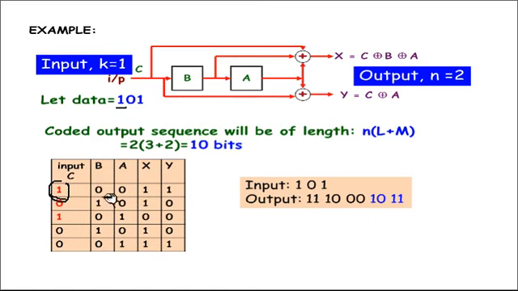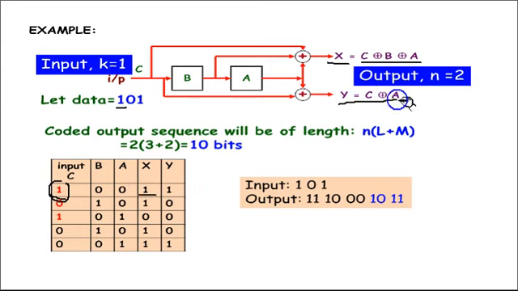Based on this structure, if we calculate x, it is the XOR of C, B as well as A. After XORing all this, 1 XORed with 0, and 0 XORed with 0, the overall output for x is 1. So it will give the value of x as 1.